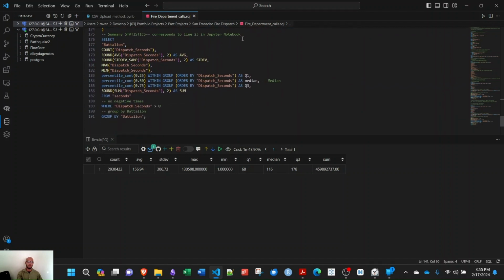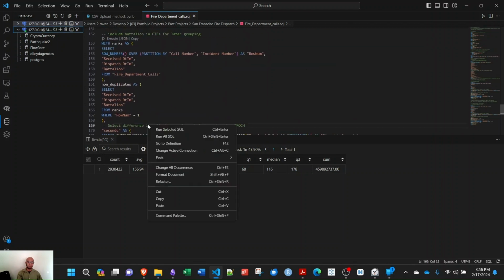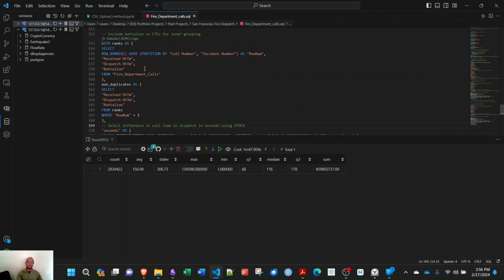So here I'm selecting battalion, what I wish to group by, the same summary statistics as before. And the difference here is after my where, I'm adding another group by statement. Group by battalion here. And this was a long one. And when I first wrote this, I actually wasn't too efficient.